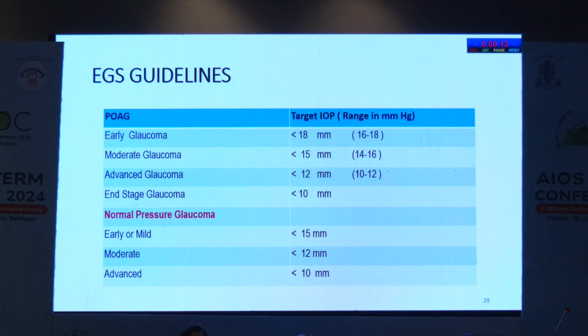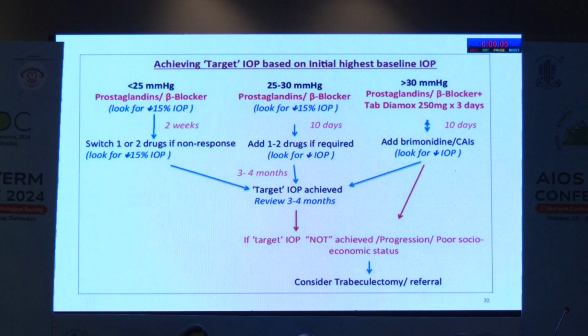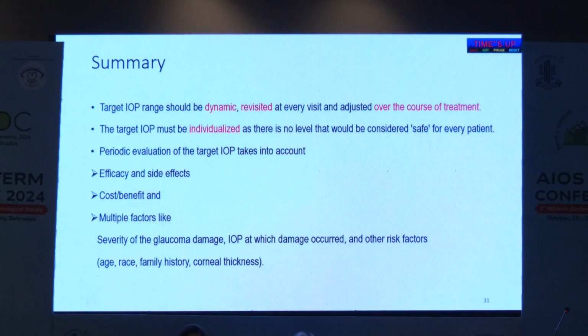So early glaucoma, moderate and advanced glaucoma, the target IOP ranges would be different. NTG, again, the ranges would be different. So you would like to have a combination of drugs to reduce IOP, or if that doesn't work, for example, target not achieved or progression or poor socioeconomic status, you need to consider trabeculectomy.